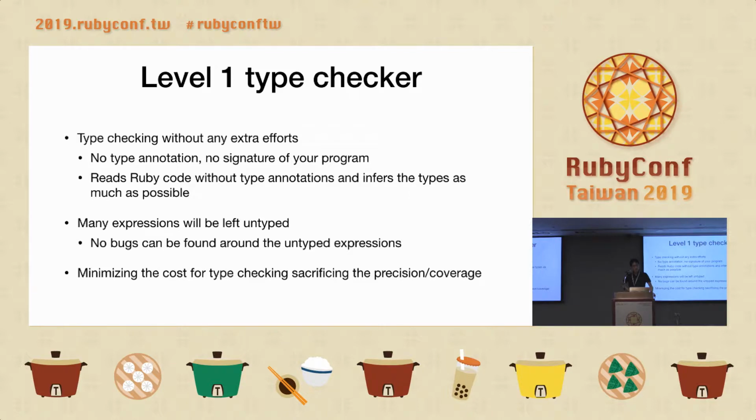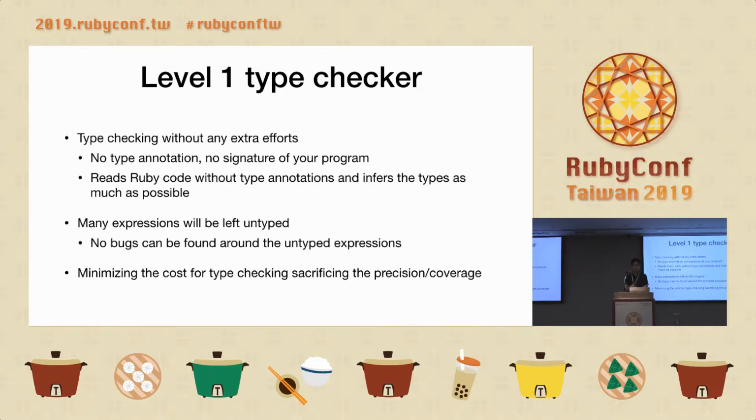So, what is a level 1 type checker? It does type checking without any extra code. You don't have to write inline type annotations in your Ruby program, or write the signatures of your programs.